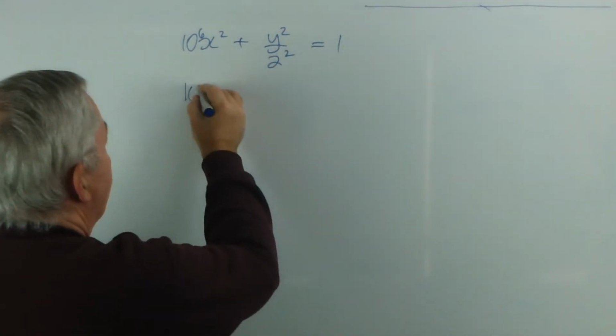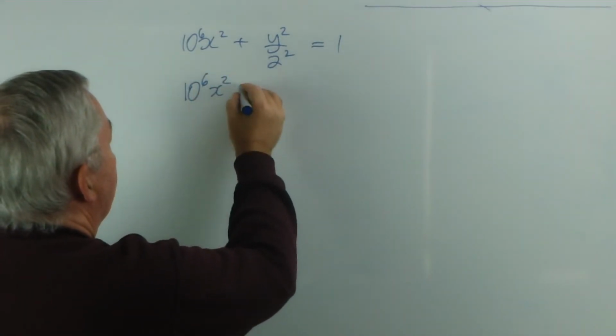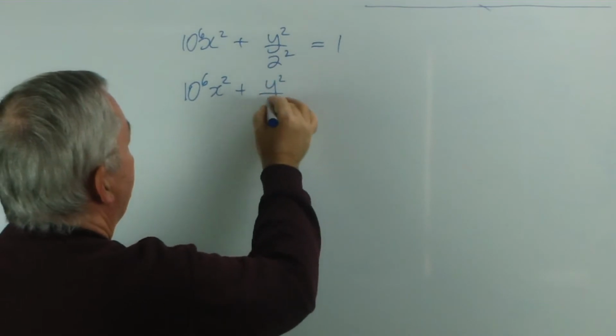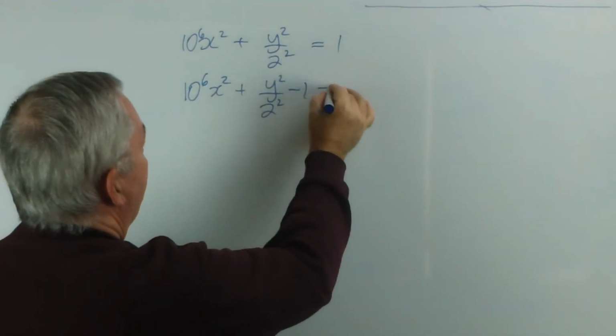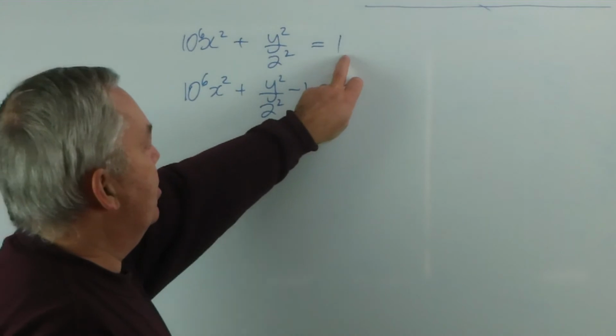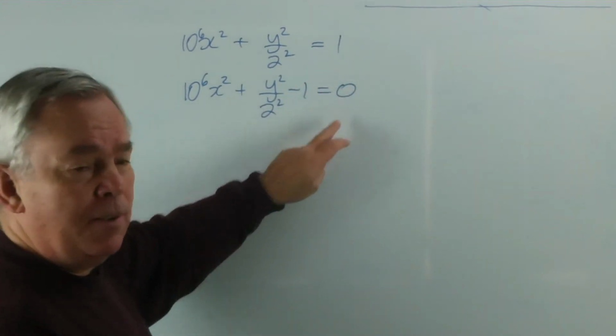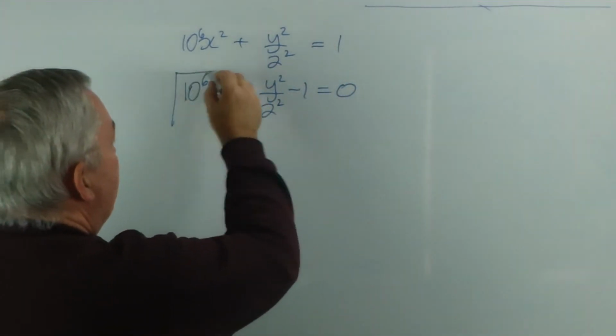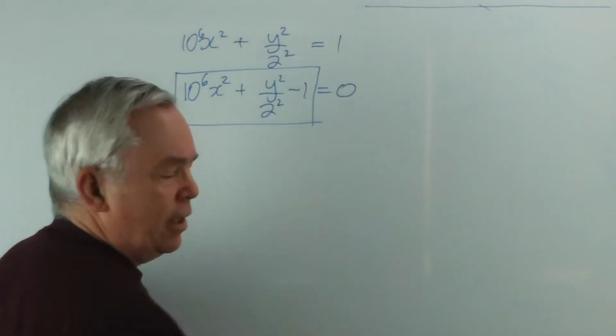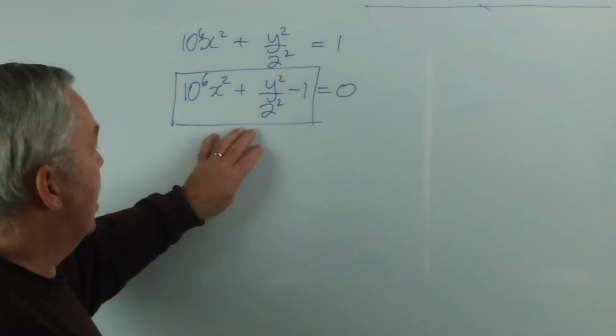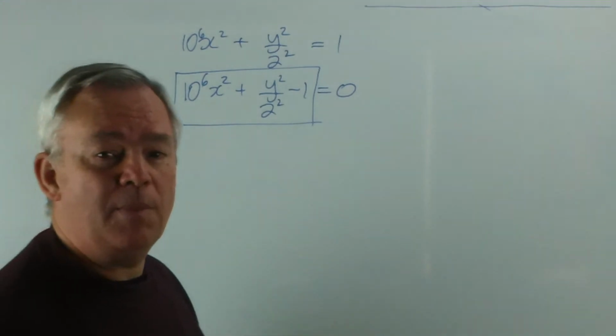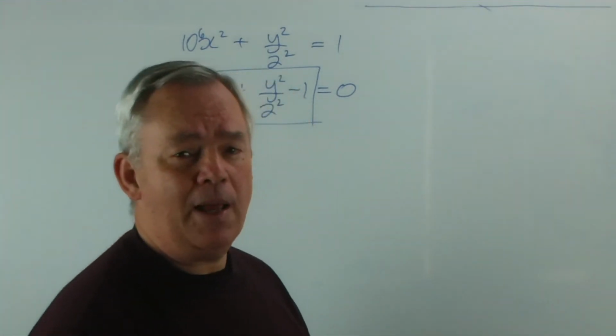If I rearrange this equation, by simply subtracting 1 from both sides, I now have an expression that is equal to 0. This is the same equation as that, with the same information, drawing exactly the same graph.